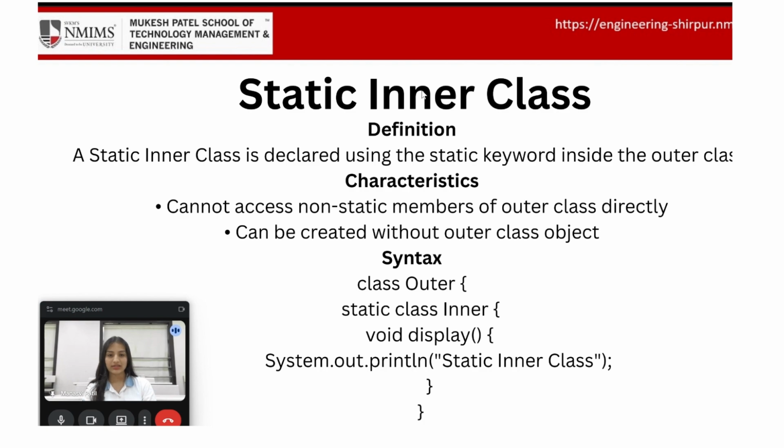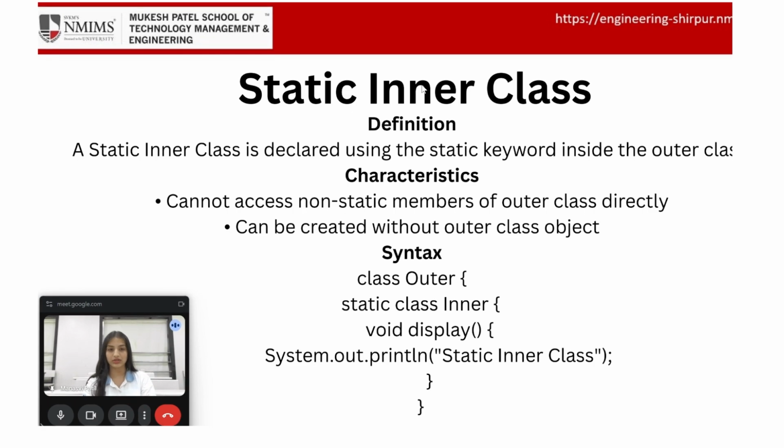Another important characteristic is that a static inner class can be created without creating an object of the outer class. This makes it useful when the inner class does not depend on instance variables of the outer class. So static inner classes are mainly used when the inner class acts more like a helper class related to the outer class.